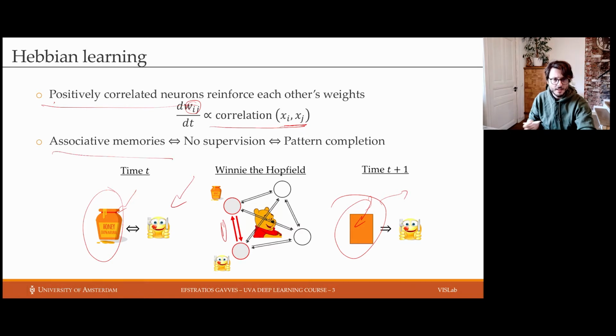So this is how we create associative memories, so memories that associate part of the input with the rest of the input.